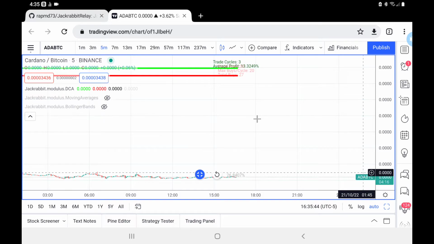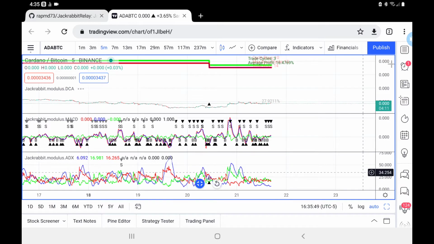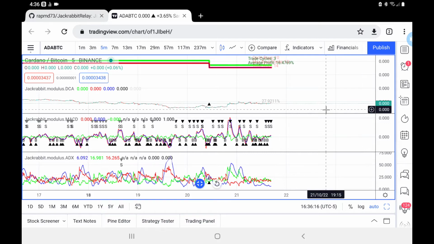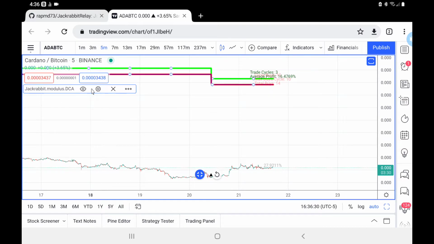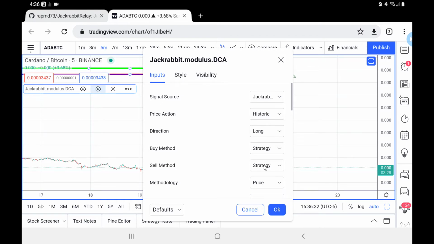Okay, let's take a look at the second recipe. The second recipe is quite different. It has 3 trade cycles, only 10 positions. This is strategy mode. Let's look at what it does for a take profit.